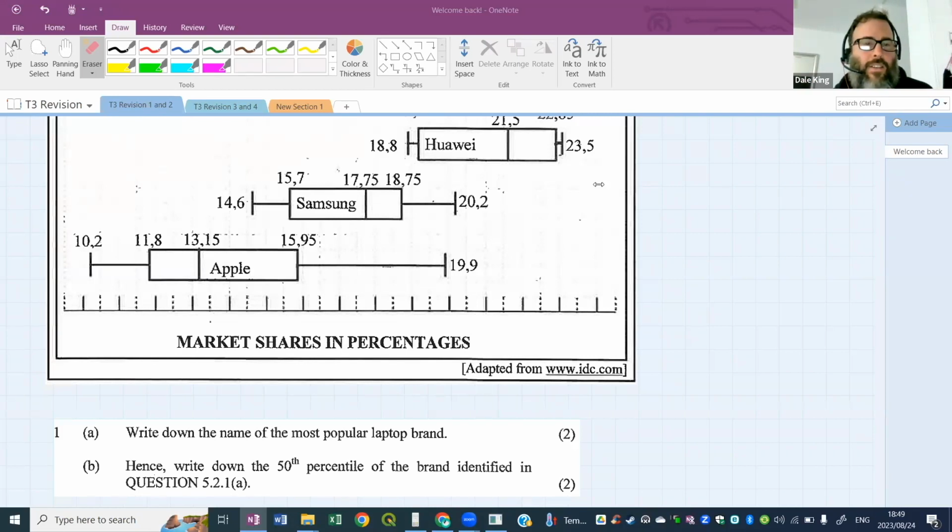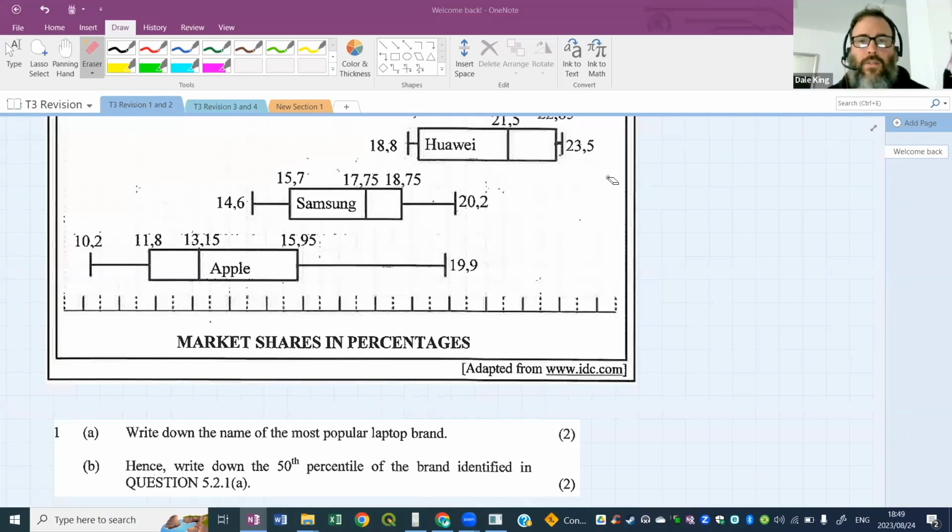Hence means therefore. Good. Hence means therefore. In other words, 1A says write the name of the most popular laptop, Huawei, therefore, which means now that you've got Huawei as an answer for the previous question, now you can do this one. So if Huawei is the most popular brand, write down the 50th percentile of the brand identified.